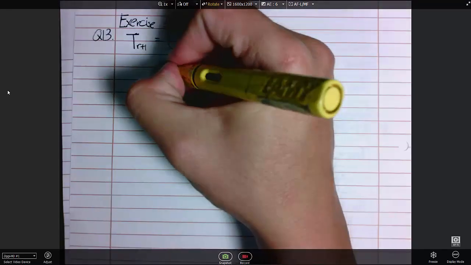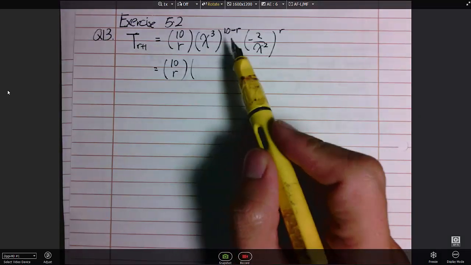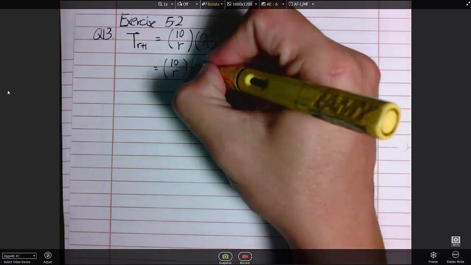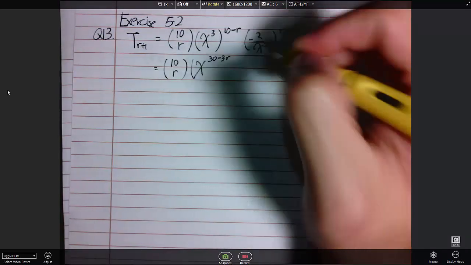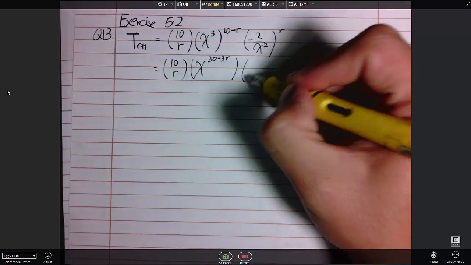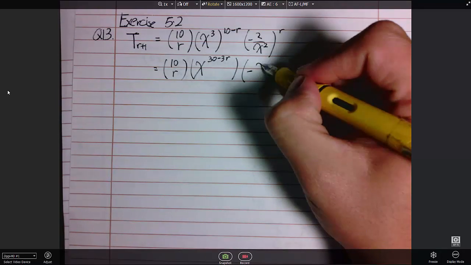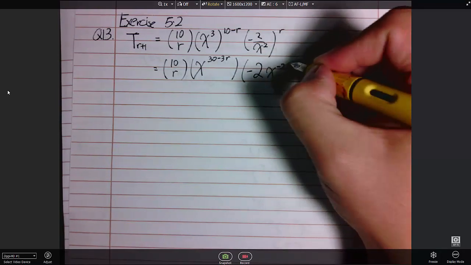If you want to simplify this, if I open the brackets, 3 times 10 minus r will give me x to the power of 30 minus 3r. For the other part, I'll rewrite it as negative 2 times x to the power of negative 2.